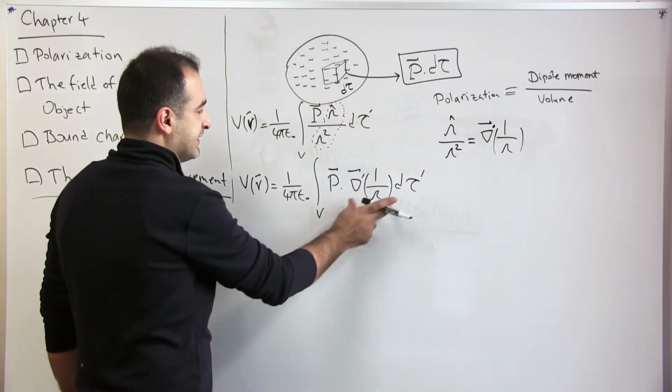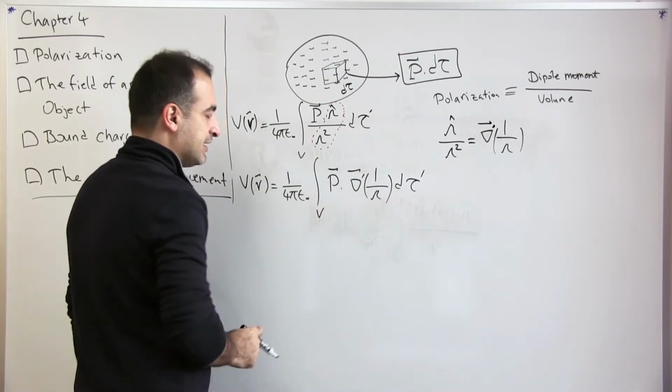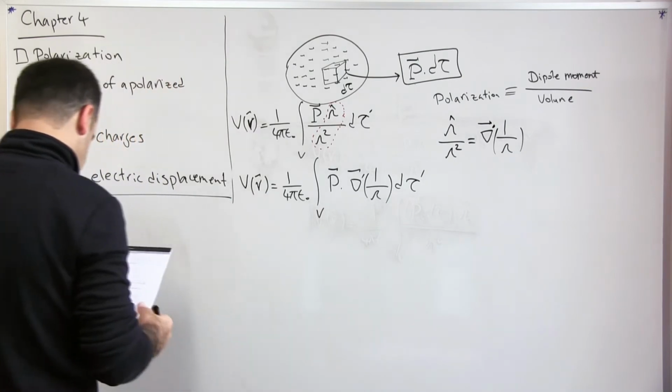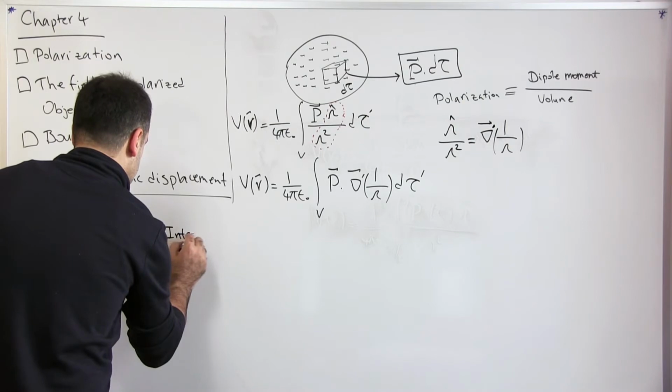Now because we have the gradient here, we can use integration by parts and make this in the form of two different integrals. So here we do integration by parts.